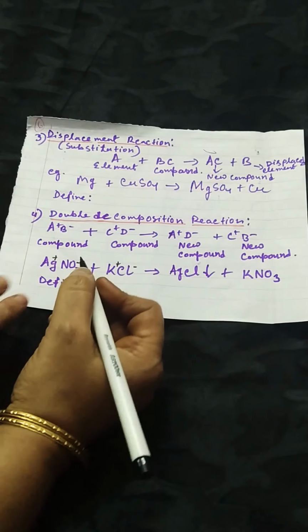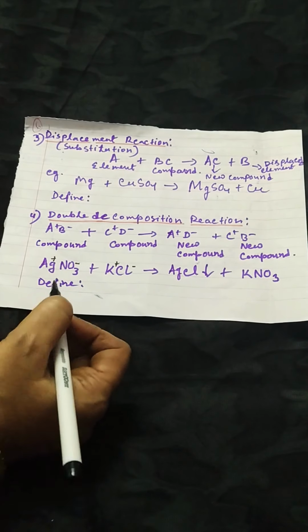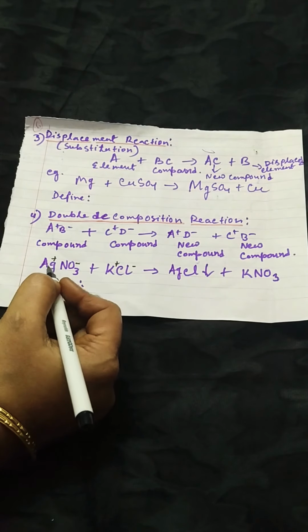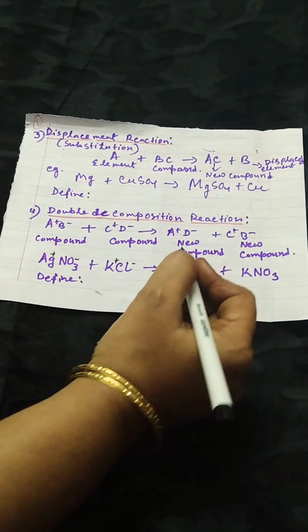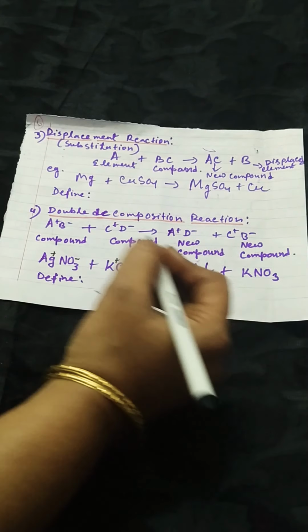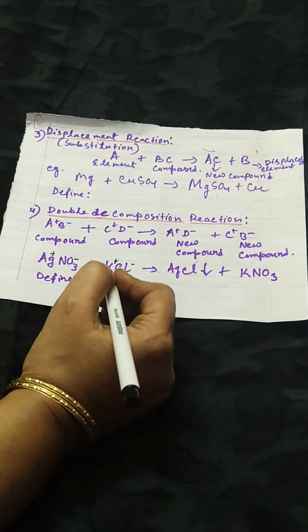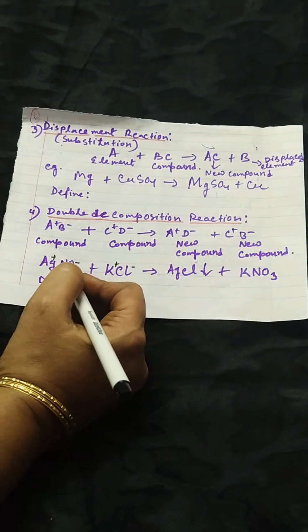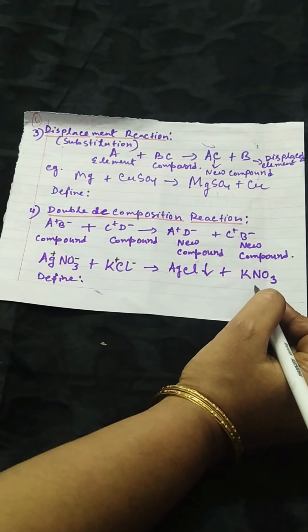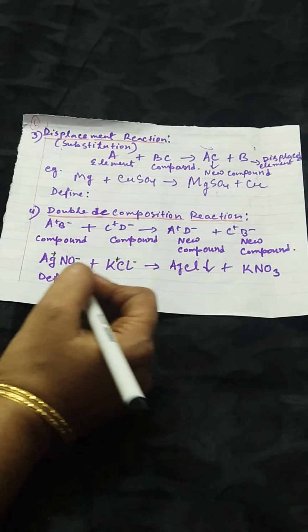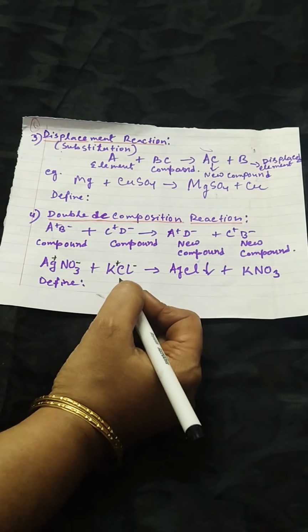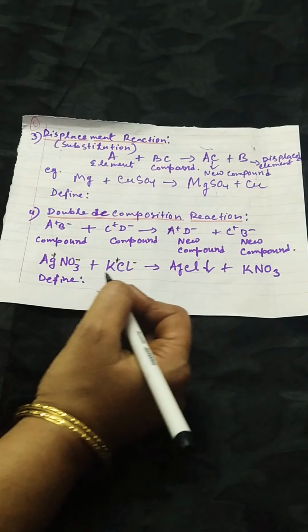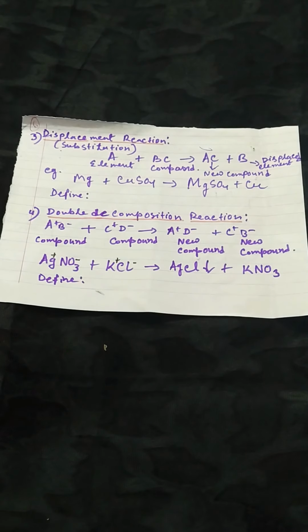So whenever silver nitrate is broken down, Ag plus will combine with Cl minus to give us AgCl, and K plus will combine with NO3 minus to give us potassium nitrate. Thus in this reaction also two times decomposition is occurring. So this type of reaction is known as double decomposition reaction.